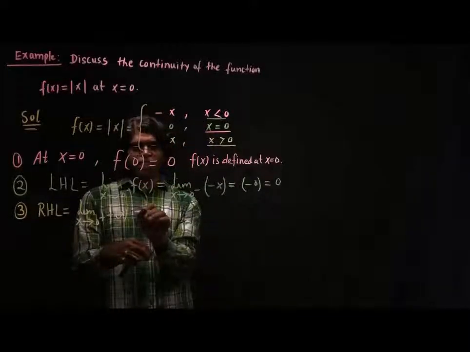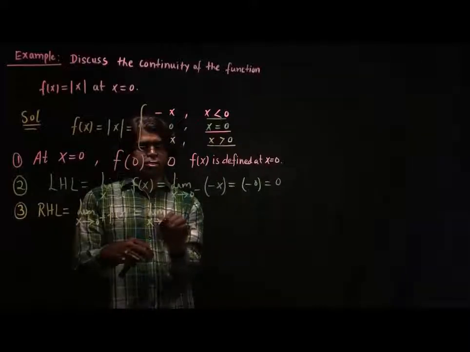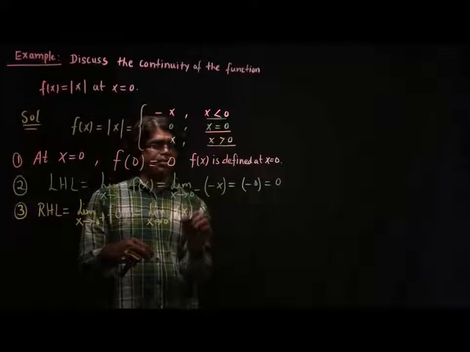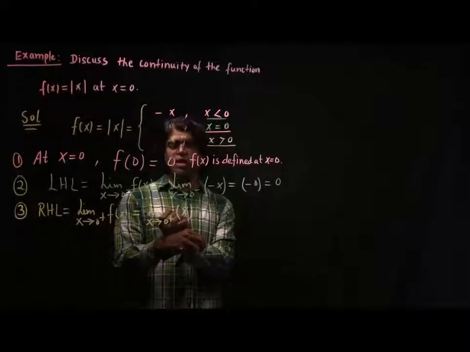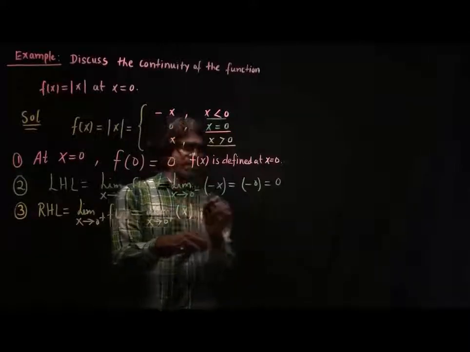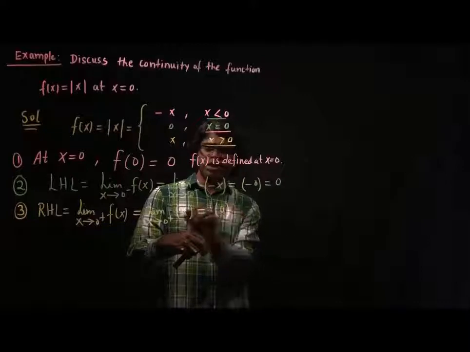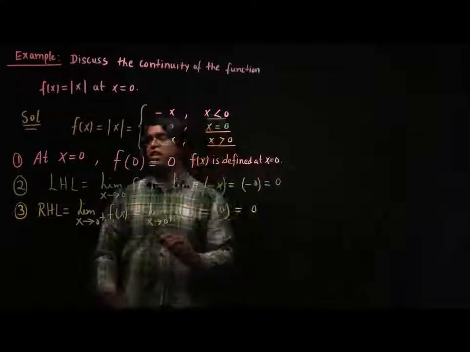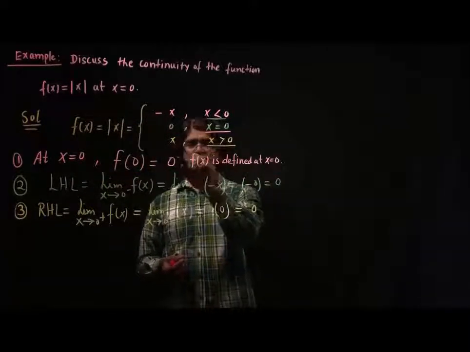So I'm going to write this as the limit as x tends to 0 plus of x. Now, let's simplify further, and the way we simplify is we substitute the value of x as 0. So I'm going to write this as 0 because x is 0, and that is 0.